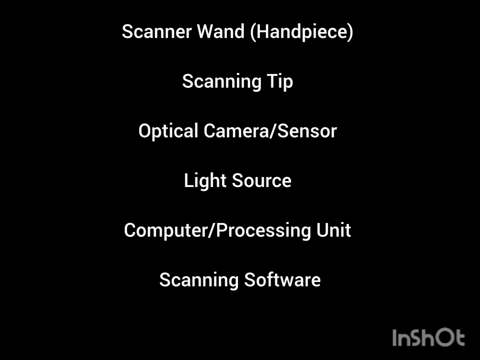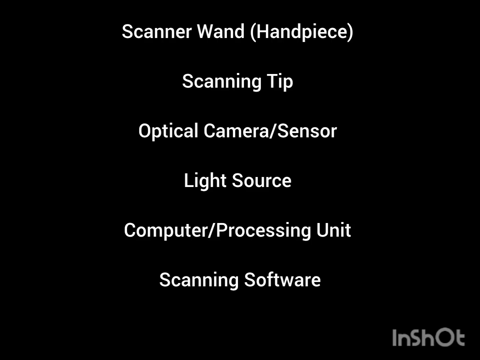What are the components of an intraoral scanner? Although different brands have unique designs, most scanners include similar components. One is the scanner wand, which captures the image inside the mouth. Then we have the camera system that records thousands of photographs every second. The light source, usually an LED or structured light, illuminates the teeth for accurate image capture.